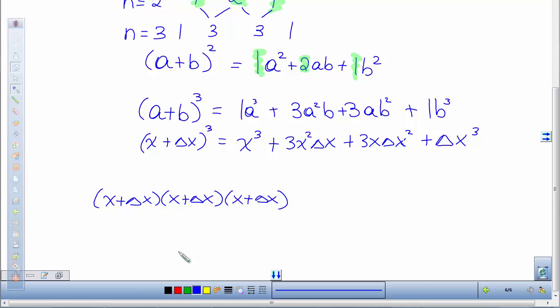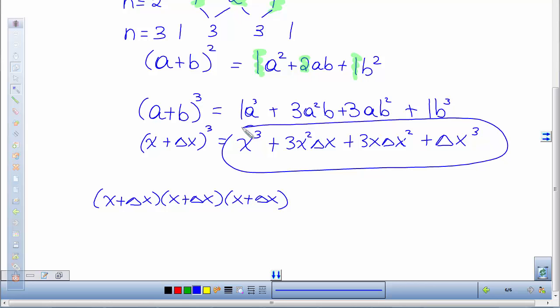But anyway, the result comes out to be x cubed plus 3x squared delta x plus 3x delta x squared plus delta x cubed.